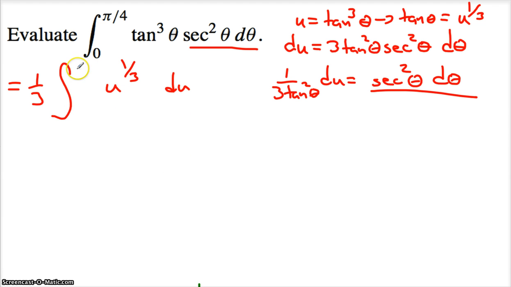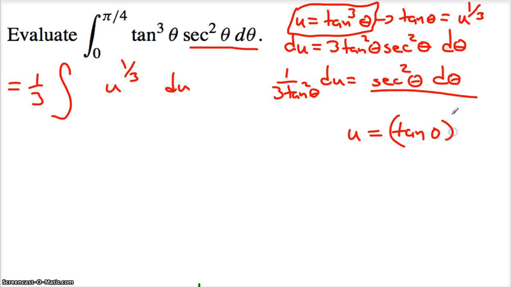Okay, now the limits of integration need to be changed. So here I'll use this substitution. u is equal to tan cubed. I'm just going to rewrite it as tan theta all cubed. So the lower limit of integration of 0 here will be tan 0 all cubed.